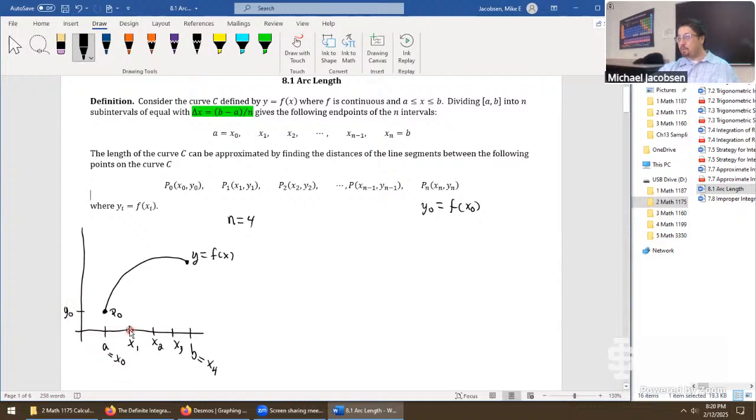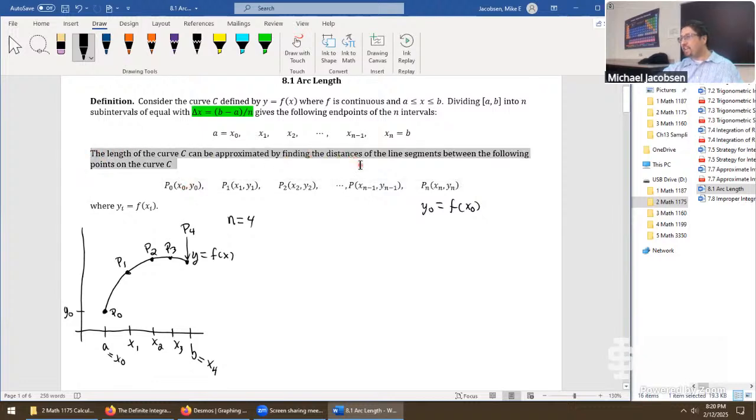So there's P naught at that point. Up here, directly up, is P1. Then directly up from here, P2, P3, and the last one is P4. So this is again a picture with just n equals 4.